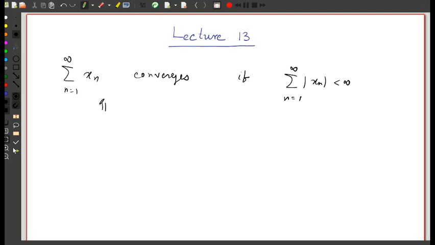This series converges basically means that the partial sum, which is summation xi, i equals 1 to n, converges, if and only if this quantity is finite, which again means that you take the sequence of partial sums of this particular series, and that will have a finite limit. Okay, clear? That is the same thing we are using here.